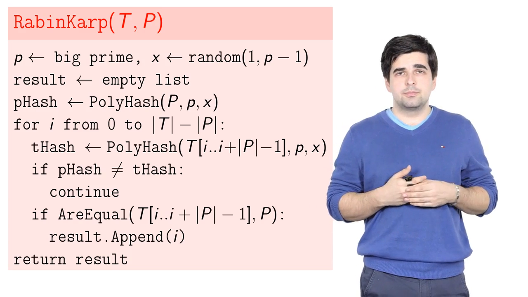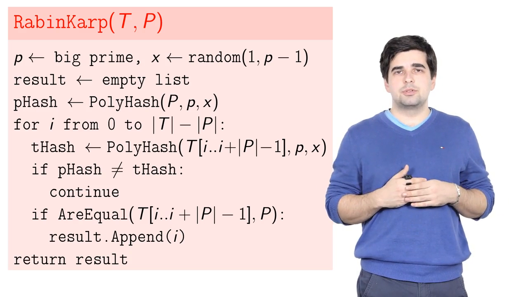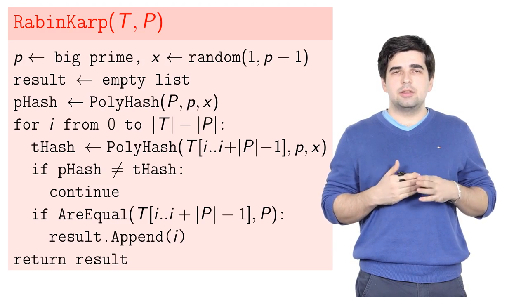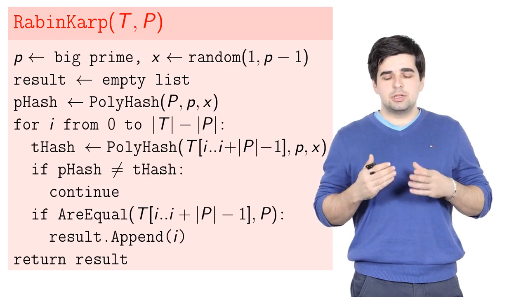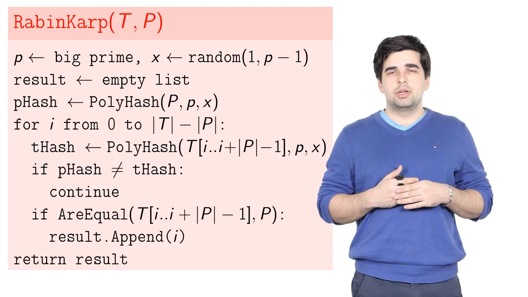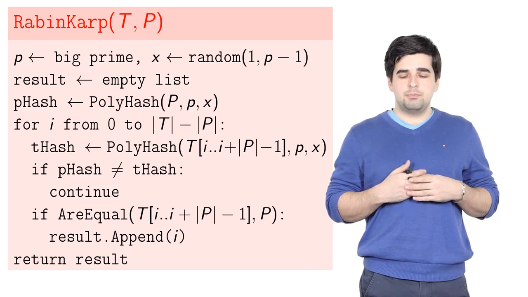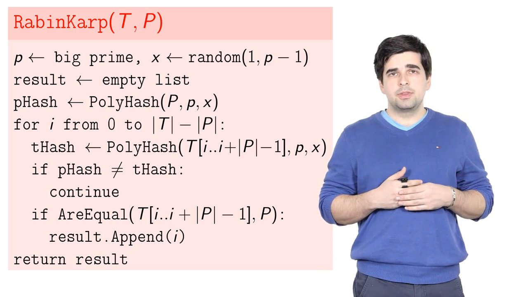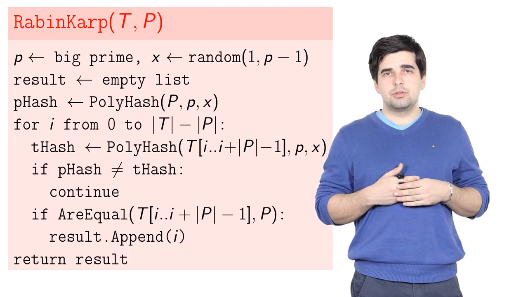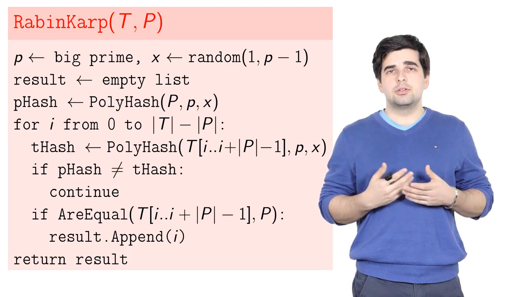If they are different, then definitely P is not equal to this substring, and so P doesn't occur at position i, so we don't need to do anything in this iteration. We just continue to the next iteration of the loop without calling AreEqual. However, if the hash values pHash and tHash are equal, then we need to check whether P is really equal to the substring of T starting at position i, or it is just a collision of our hash function.